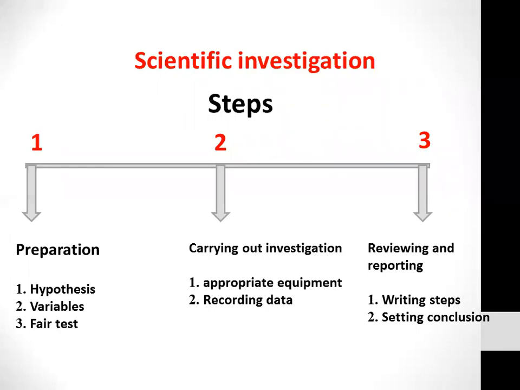So all these are the steps of scientific investigation. Basically, scientific investigation has three basic steps. First one is preparation, the second one is carrying out investigation, and the third one is reviewing and reporting.